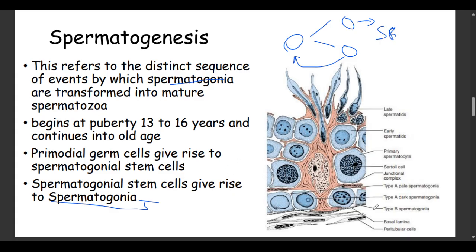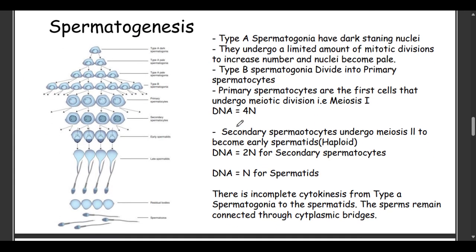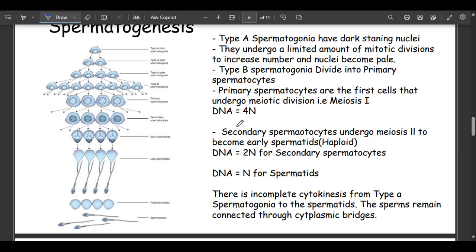You have different types of cell lines that will only make sense after we have covered this topic. After the spermatogonia have been produced, we have type A spermatogonia, which are going to divide. So we're at the top here.